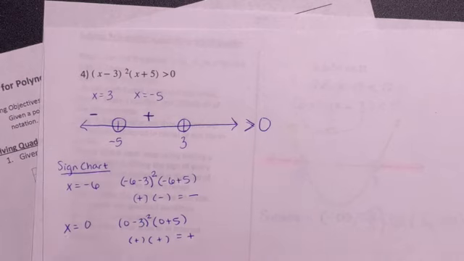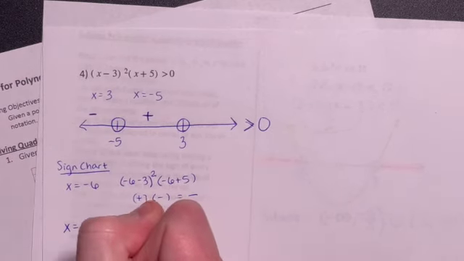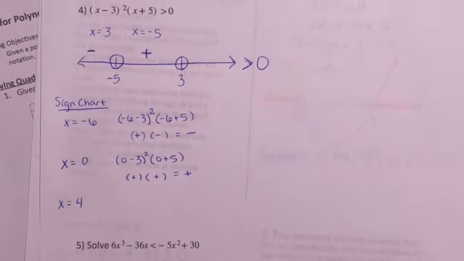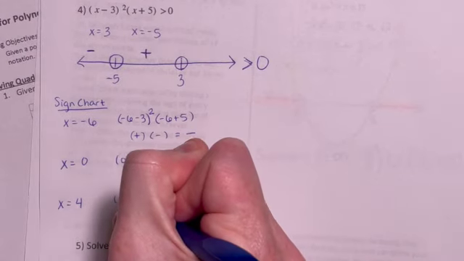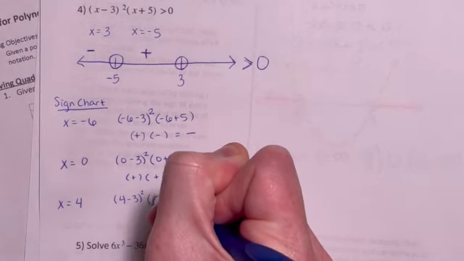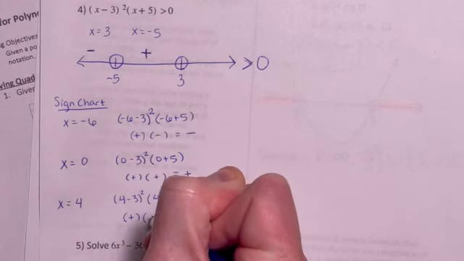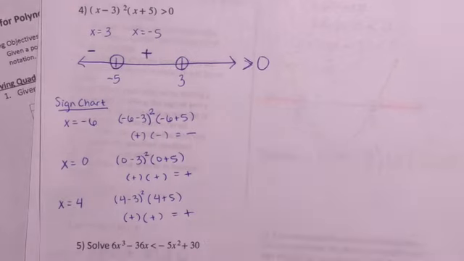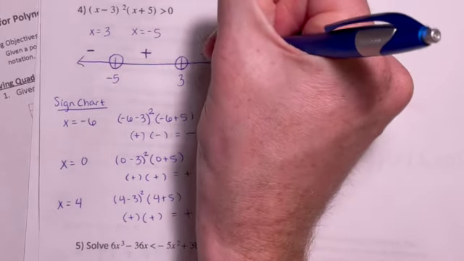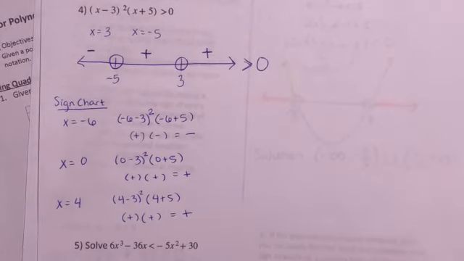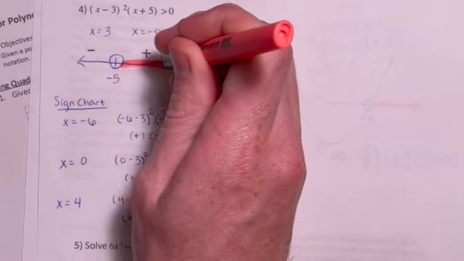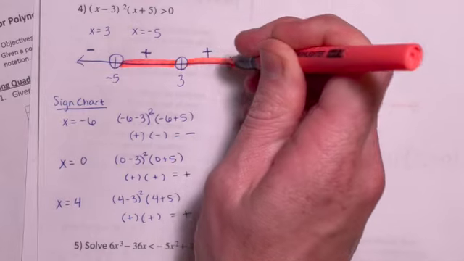And we choose a number to the right of 3. So I'm just going to do when x is 4. That gives me 4 minus 3 squared and 4 plus 5. That is a positive times a positive, which is still positive. So if the goal is to determine when the function is above 0, when it's greater than 0, that would be these values where the function was positive.